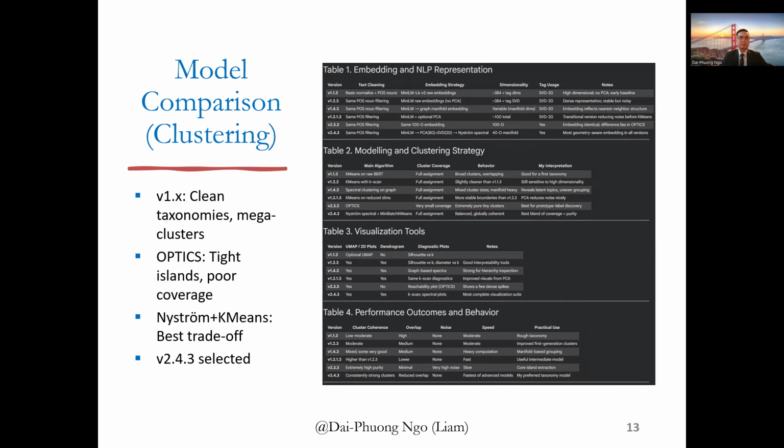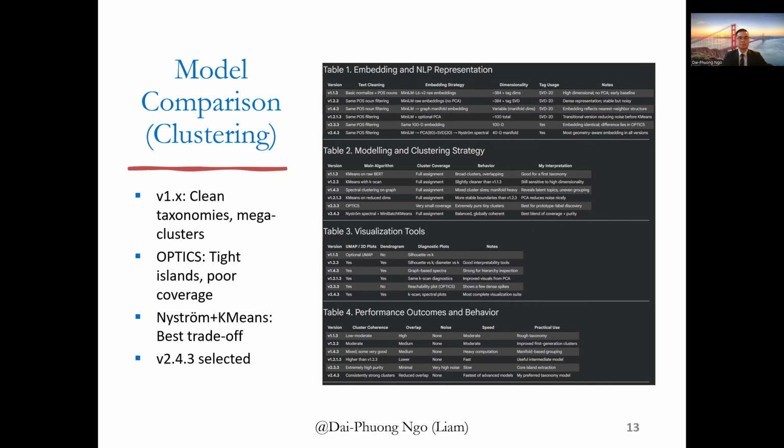When comparing clustering models, clear patterns emerge. The V1X LSA-based models are easy to explain and produce reasonable top-level categories, but they consistently suffer from one or two massive clusters. Optics produces extremely clean micro topics, but labels most questions as noise, which limits its usefulness for routing.